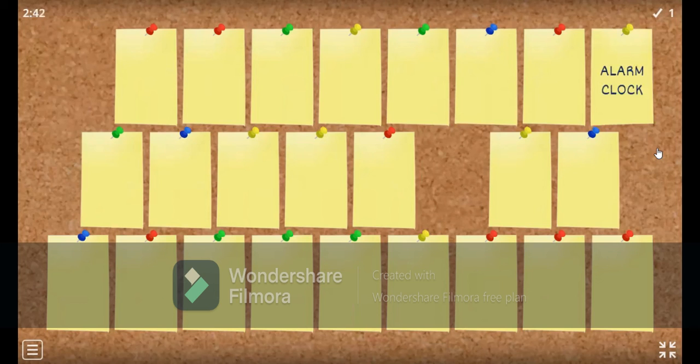Oh, you remember this one? I don't remember. Just select a number. Remember, 26 is this one. 25, 24, 23, 22, 21, 20, 19, 18. Very close. 23.